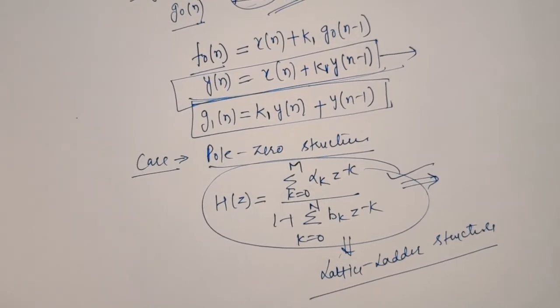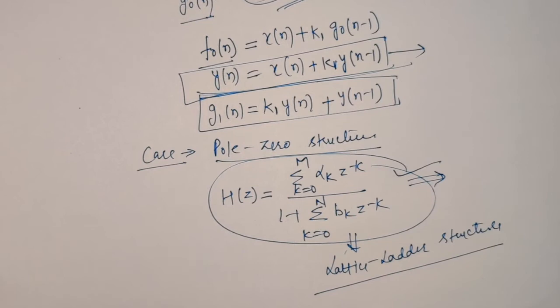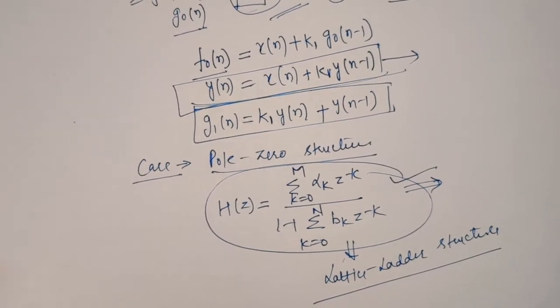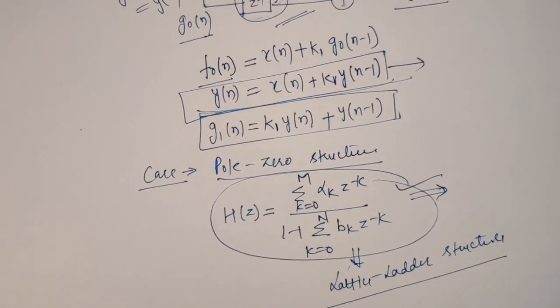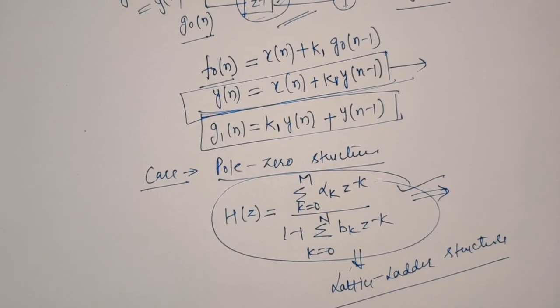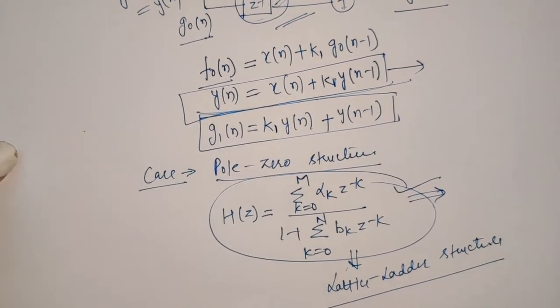Before realizing the lattice ladder structure, we are going to solve a few numericals of the simple lattice structure for both FIR and IIR filters. See, the method to realize the lattice structure for FIR and IIR is the same.